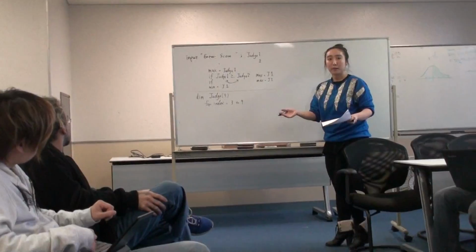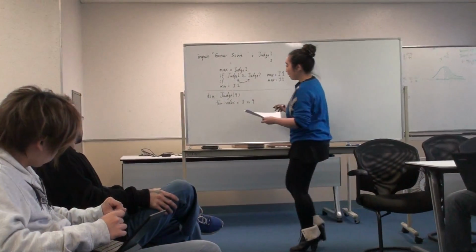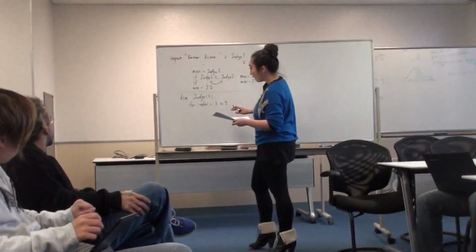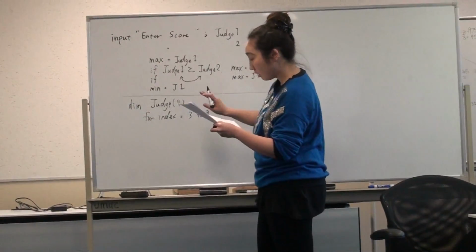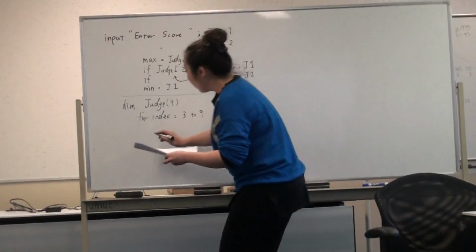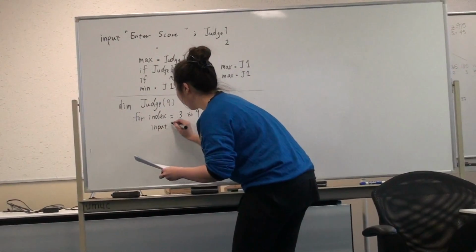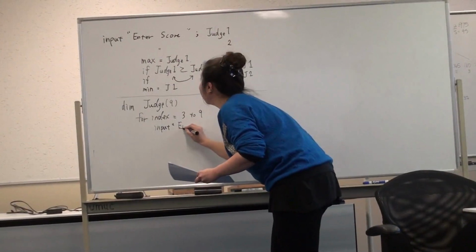Could you write a few of those instructions in the for loop? Because I think people need to see it. Yes. Inside the for loop, here is an input, same as here, enter the score.